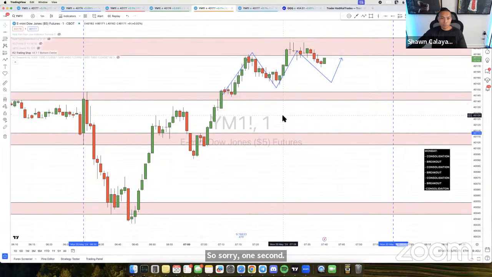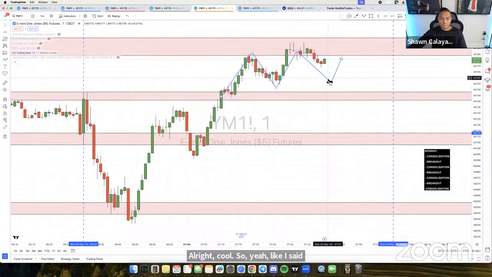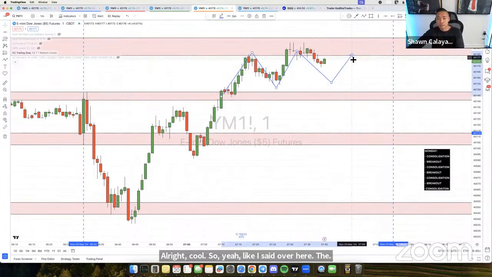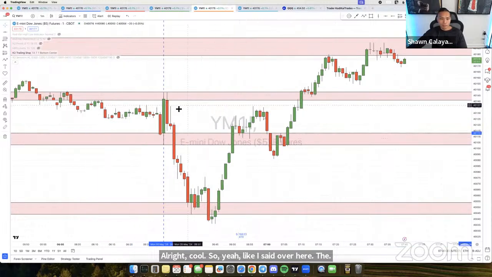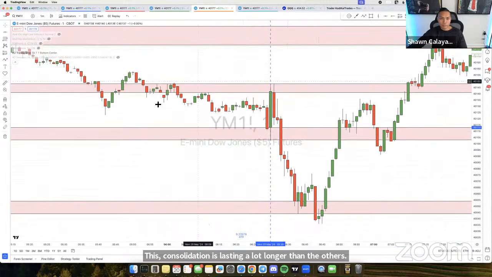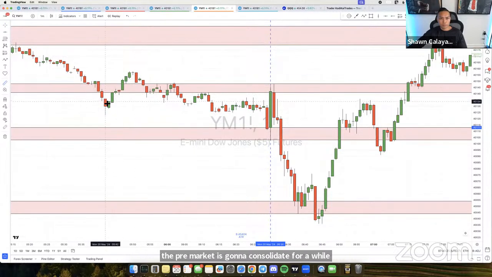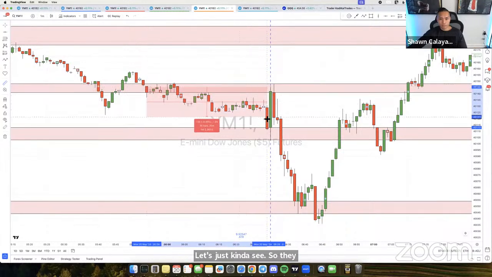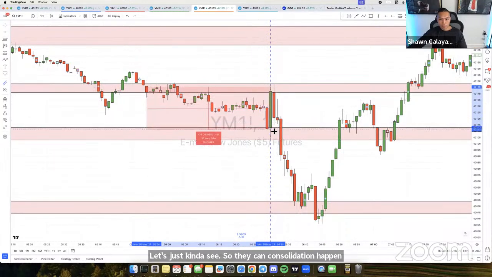All right, cool. So like I said, this consolidation is lasting a lot longer than the others. Let's just look at the pre-market. Obviously the pre-market's going to consolidate for a while, but let's just see. The consolidation happened from probably this candle, for about 30 to 40 minutes.